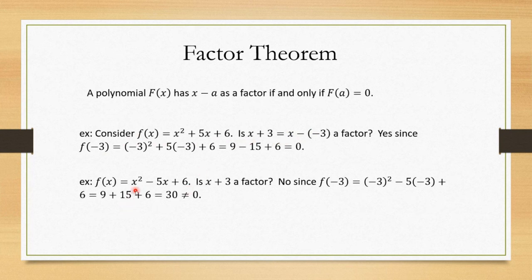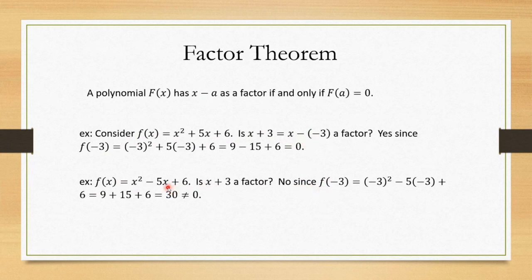What about this one? Is x plus 3 a factor there? Well, if we were to evaluate this at negative 3. Remember, for this it has to be x minus a number.